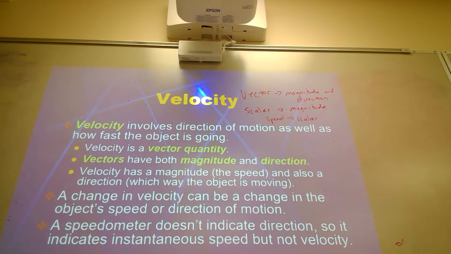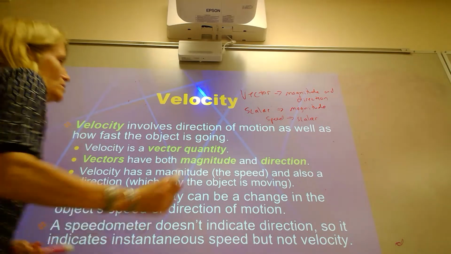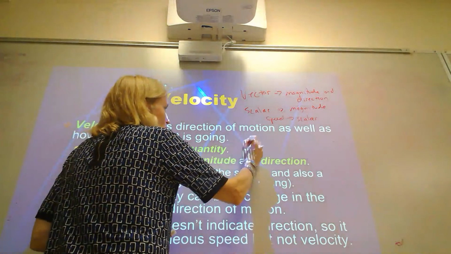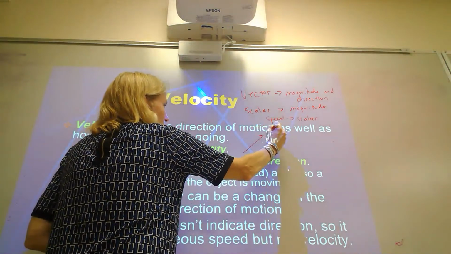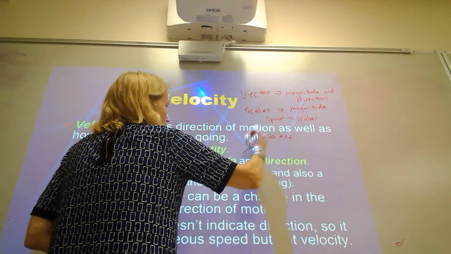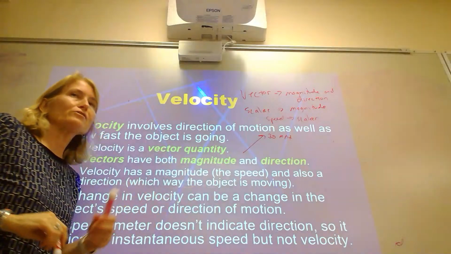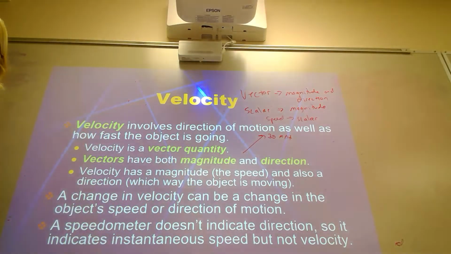But you have to have direction to have velocity. So if you were told 30 miles per hour northeast and you were supposed to represent that in vector form, you would have to draw your arrow northeast 30 miles per hour, okay? It would have both magnitude and direction, whereas if you were asked for speed, you would just say 30 miles per hour.